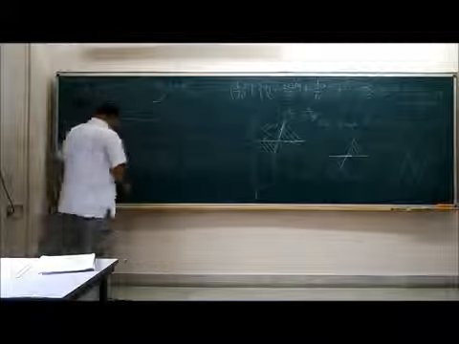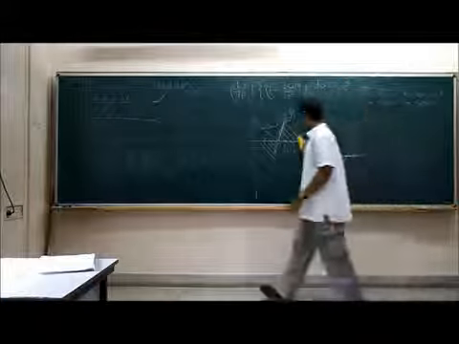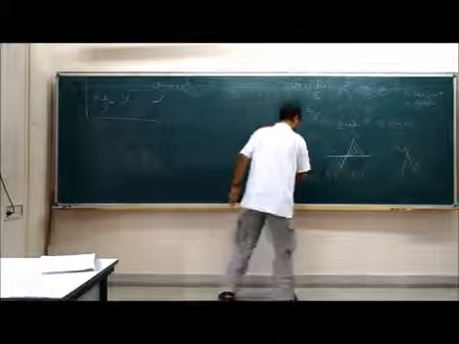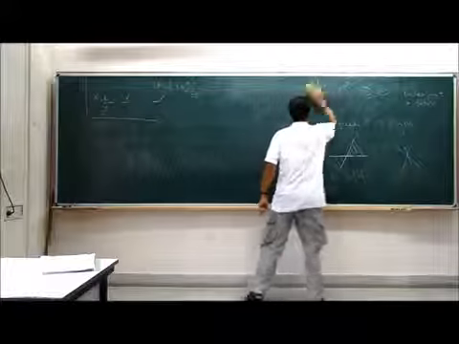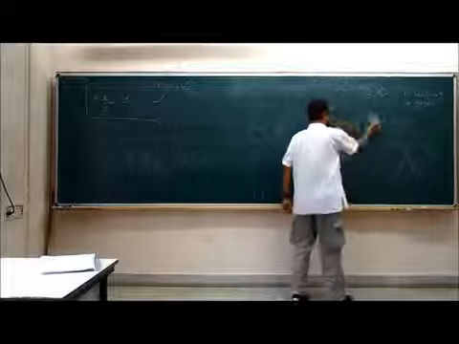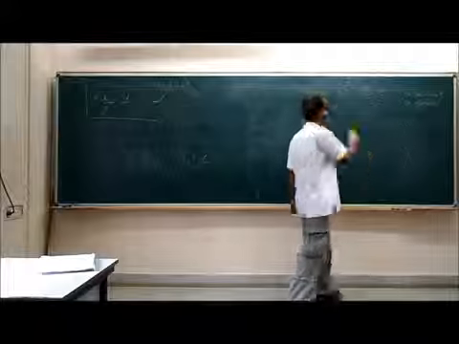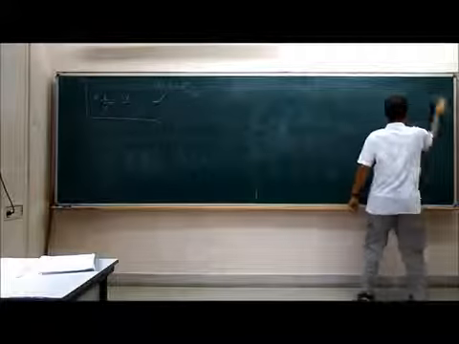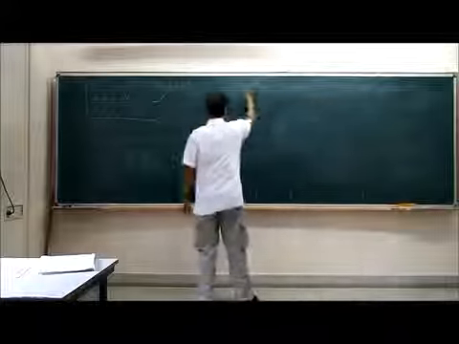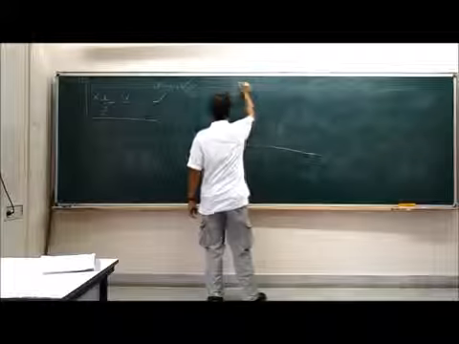Let me draw the diagram again. Reach the horizon or enter the horizon? Enter the horizon. Well, once it has entered the horizon, of course you can never see it. But you want to see when it has actually been seen that it has reached the horizon. So this is the diagram again, rho versus t.